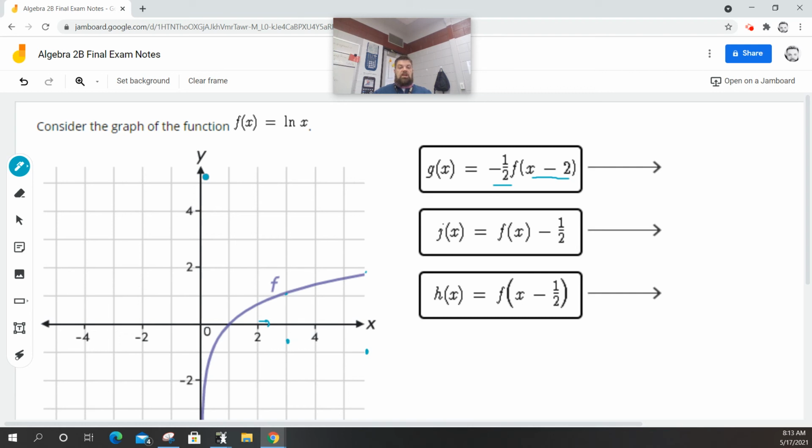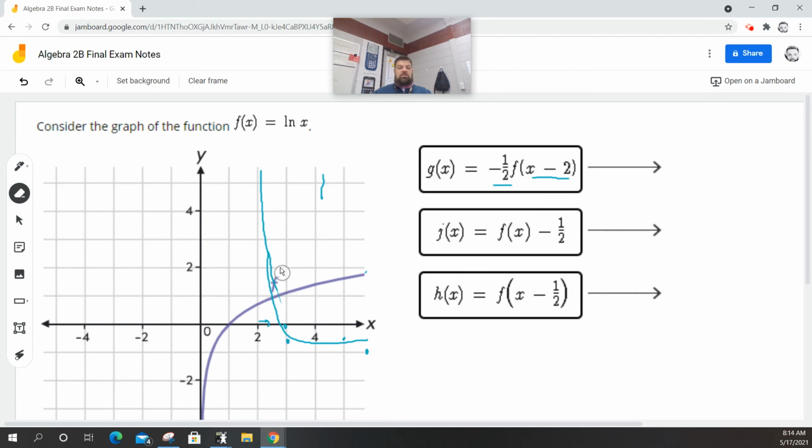So my graph will kind of look like this, but then we're going to shift it over 2 units to the right. So it'll come down like this and kind of look like that.